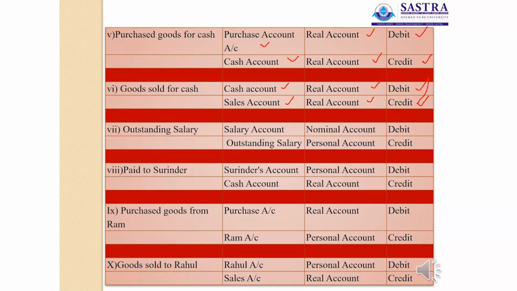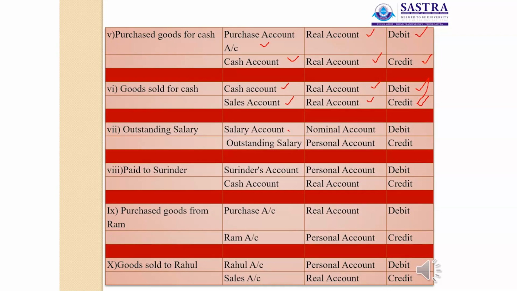Then outstanding salary. Outstanding salary in the sense the amount of salary which was incurred during the period but is not yet paid. That is the meaning of outstanding salary. Here there are two accounts: salary account and outstanding salary account.